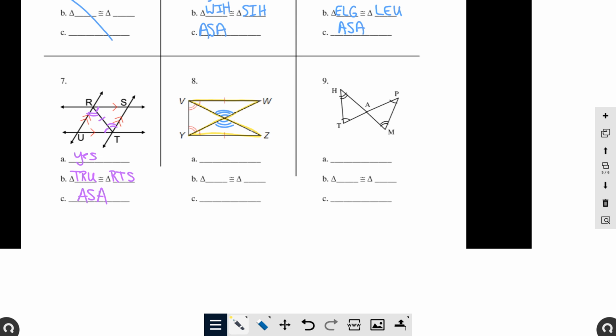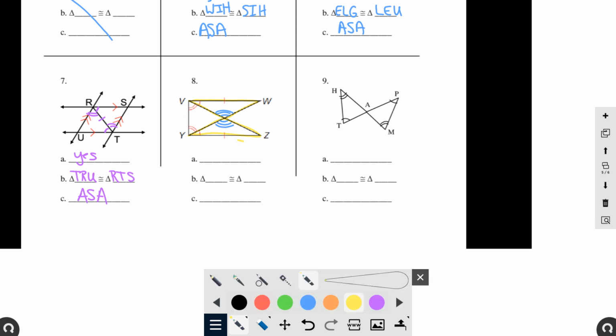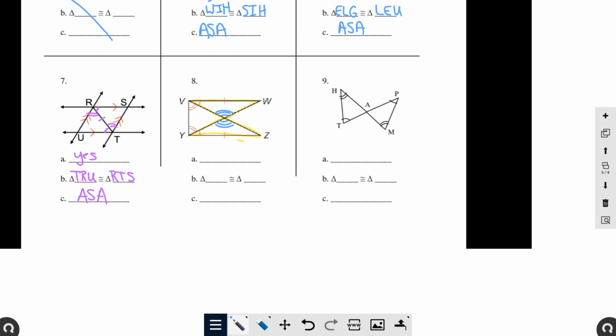Angle, angle, side is correct. We have 2 angles because of the vertical angle. The angles at V and Y are equal. And then the side that's not between those 2 angles are equal. So these 2 are equal by angle, angle, side.